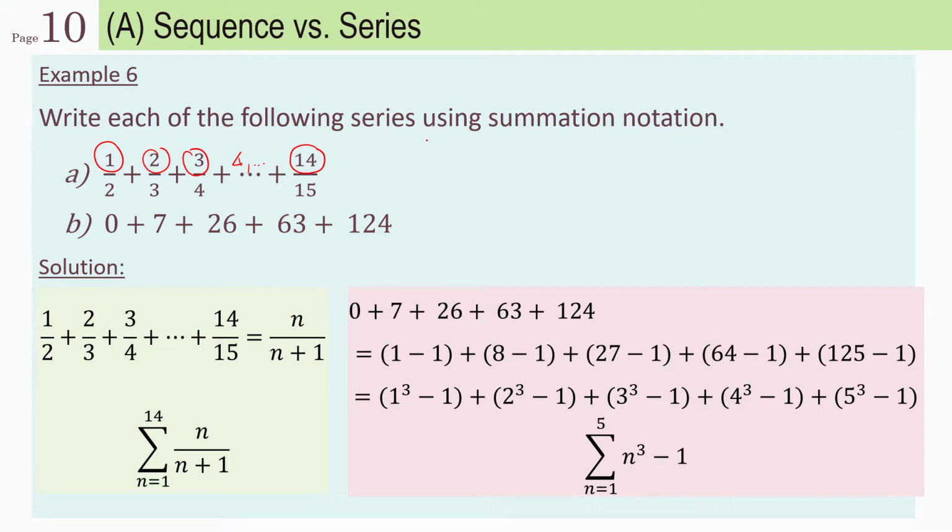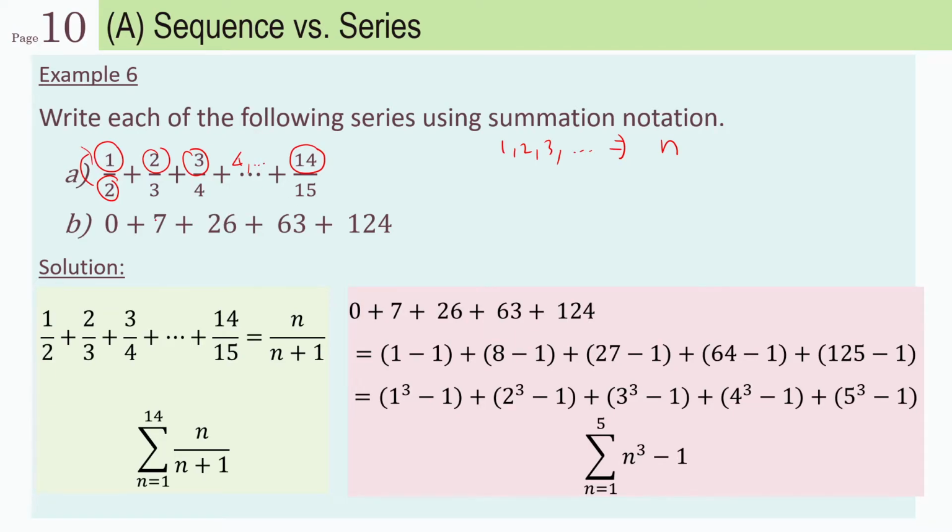Normally when you have 1, 2, 3, it means this is our normal counting number as an nth. And then the denominator is 2, 3, 4. You can also notice that the terms go up by plus 1 each time, but here you are starting from 2, compared with the previous one starting from 1.